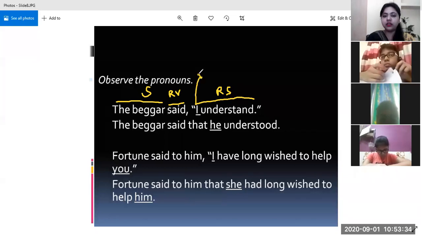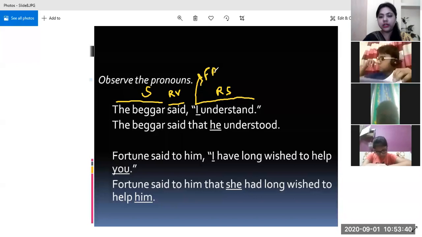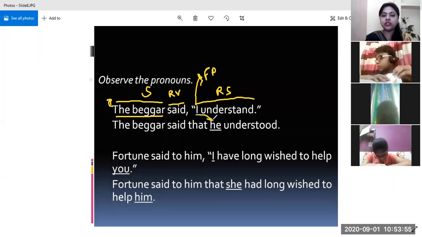I is in first person. So first person changes into he or she depending upon the gender of the subject. And what is the gender of the subject? We are supposing that this beggar is in masculine gender. So now I will change into he. Why? Because the subject is masculine.